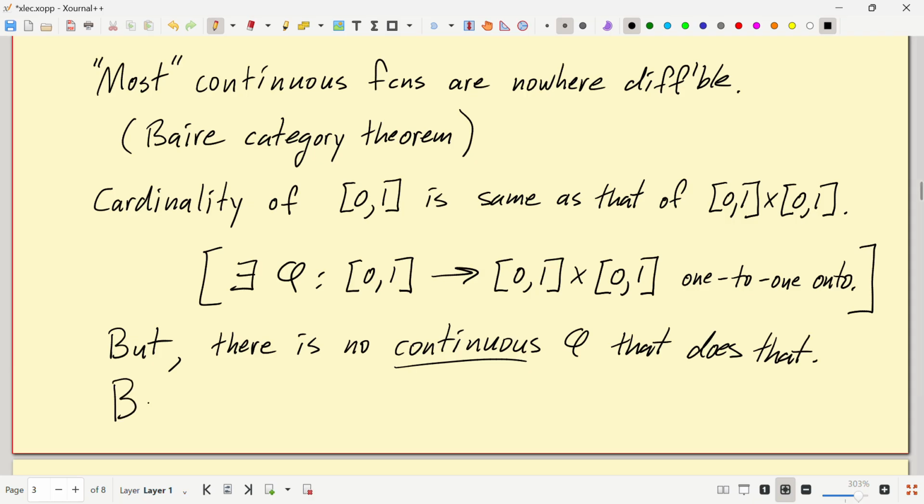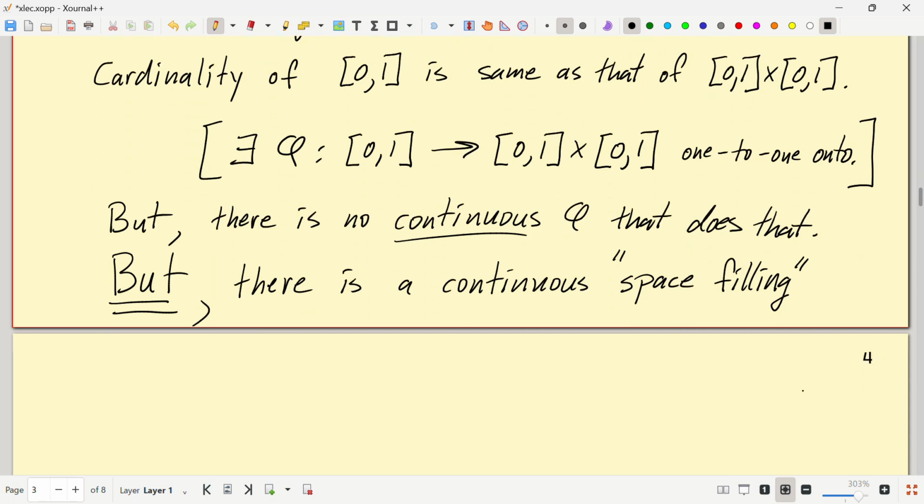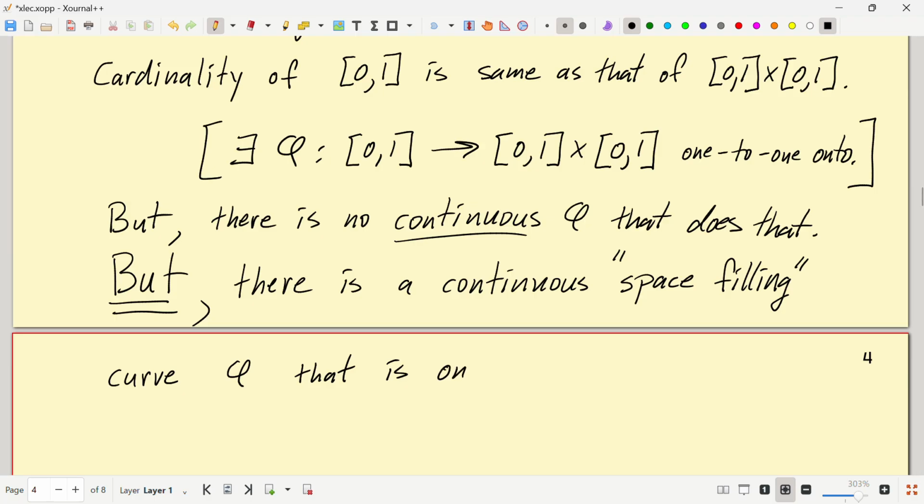And an even bigger but: there does exist a continuous space-filling curve, phi, that maps [0,1] onto that thing. It is onto, but it's not 1-to-1.